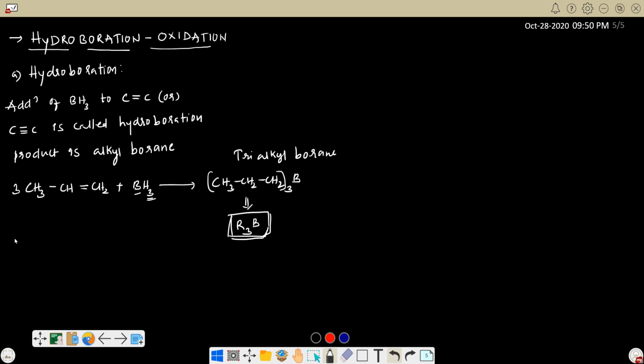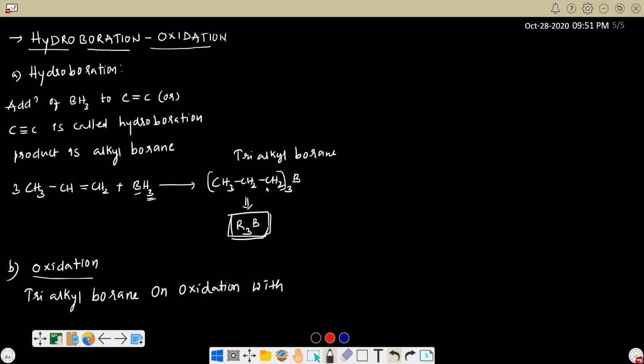Then next, oxidation. Step B is oxidation. In the oxidation step, trialkyl borane on oxidation with hydrogen peroxide, H2O2, in the presence of NaOH base.